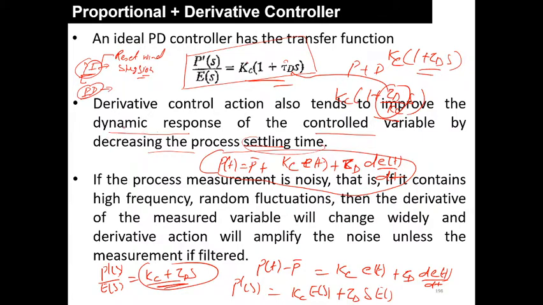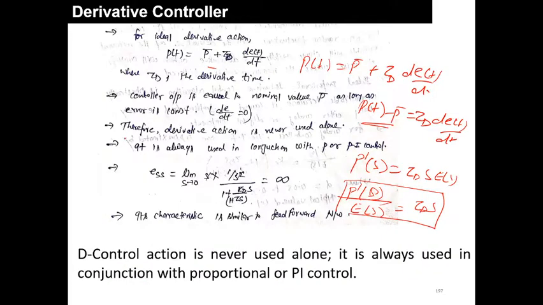We have already seen that when you calculate the steady state error for the derivative controller, the steady state error is very high, or ideally it is infinite. Also, we are not using a unit step signal as the error signal.